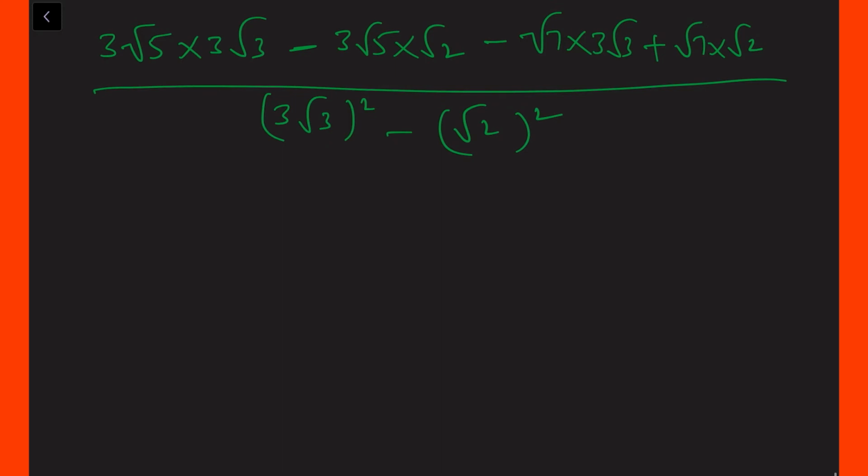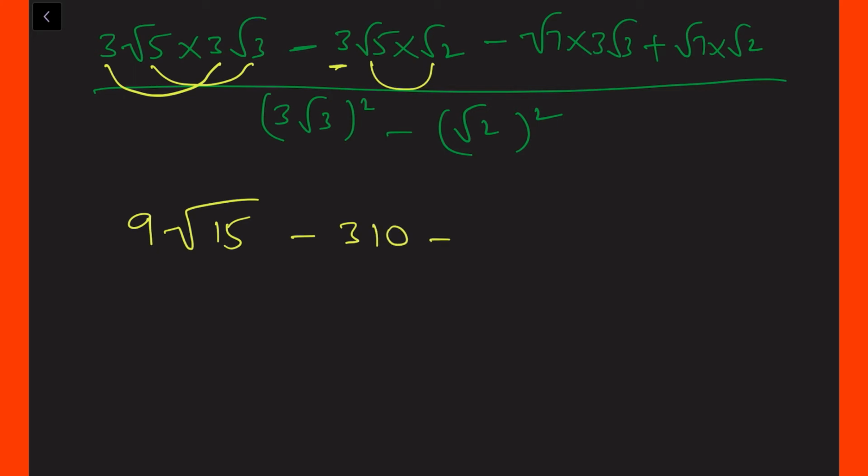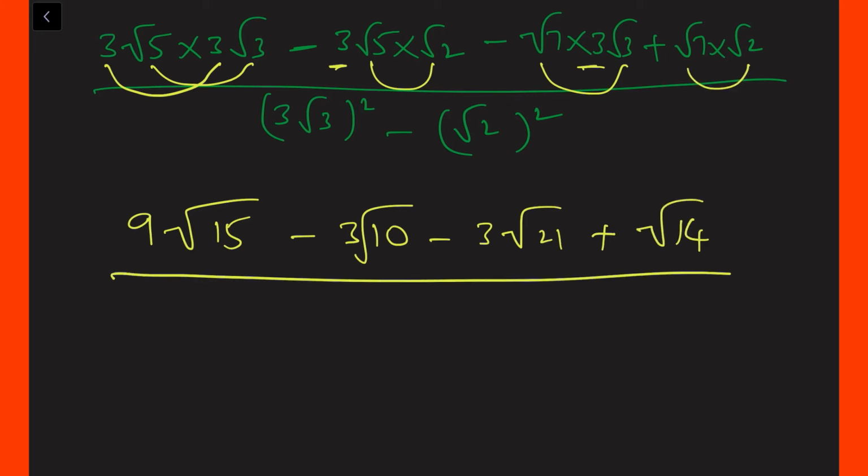Okay, now if we observe the numerator, any simplification is possible? 3 3s are 9 into root 5 into root 3, root 15, minus 3 as it is, root 5 into root 2, root 10, minus 3 as it is, root 7 into root 3, root 21, plus root 7 into root 2, root 14, whole divided by, here square is for both the numbers, so we can expand it as 3 square into root 3 square minus root 2 square, square and root cancel.